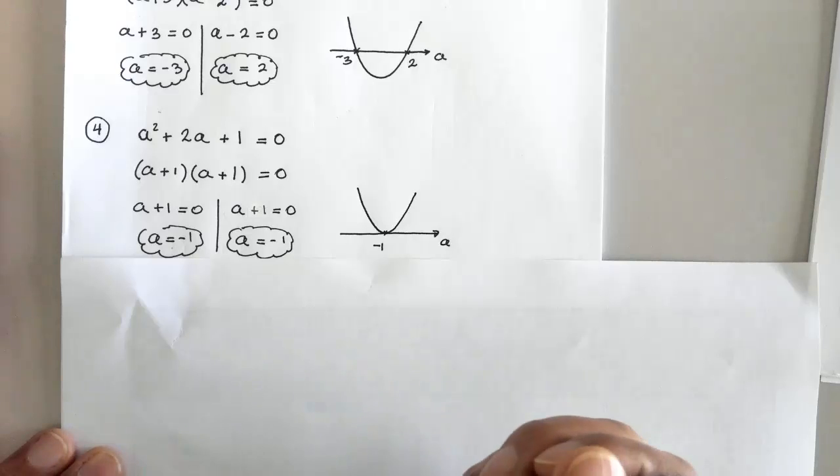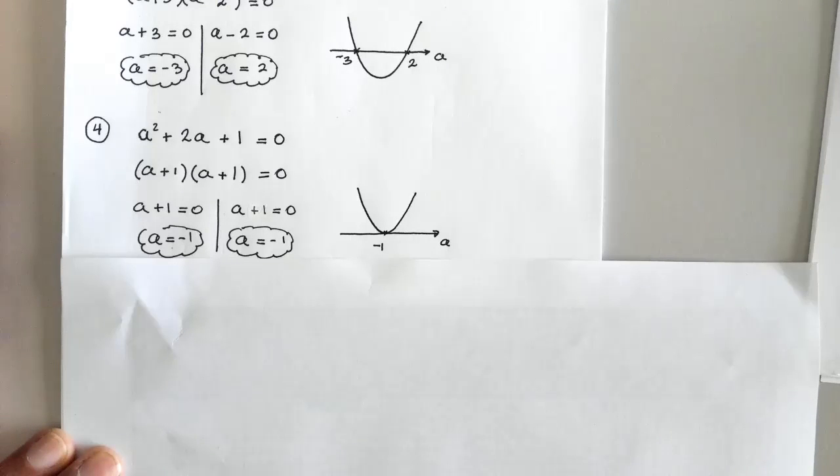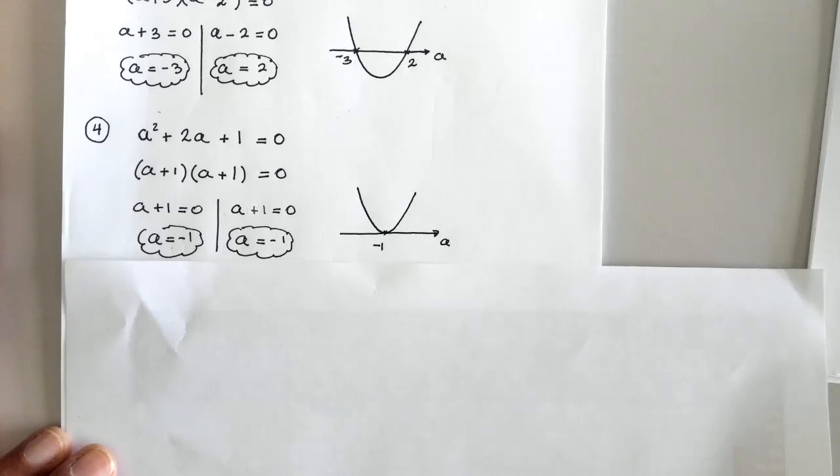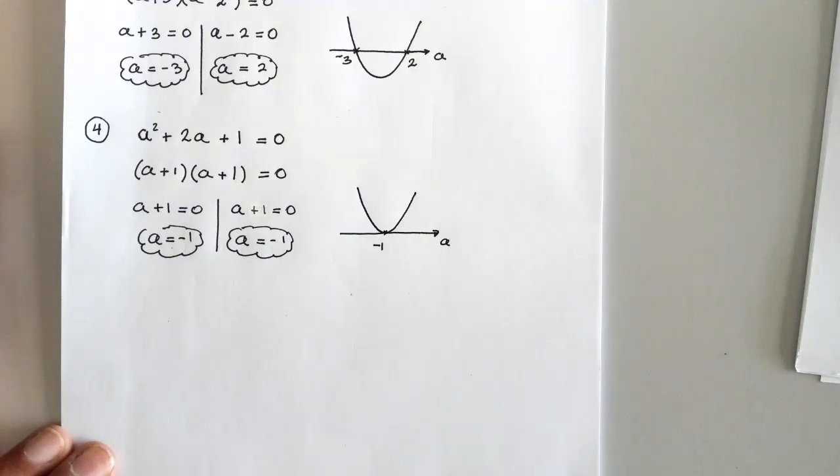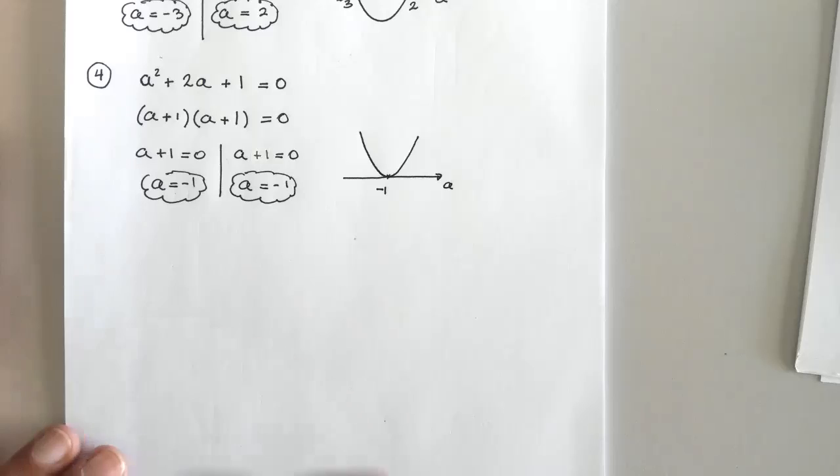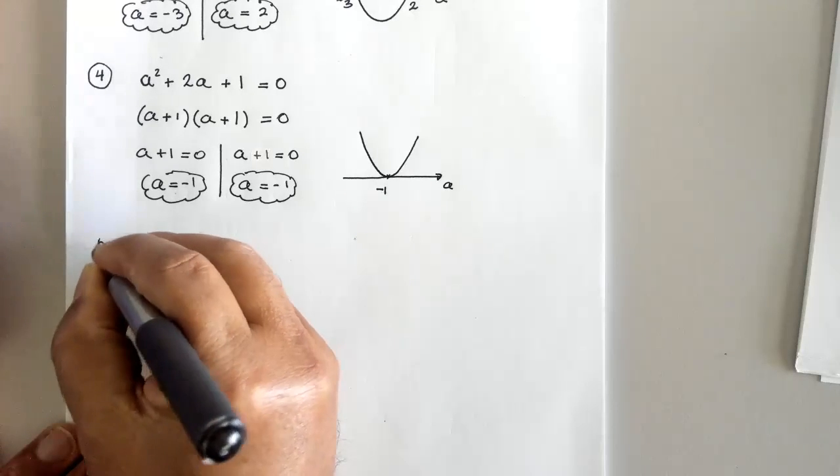All right. Okay, so now we're going to see what happens when we have a non-monic. Let's see if we can do the same for non-monic. I'm going to write this now. Okay, so question 5.